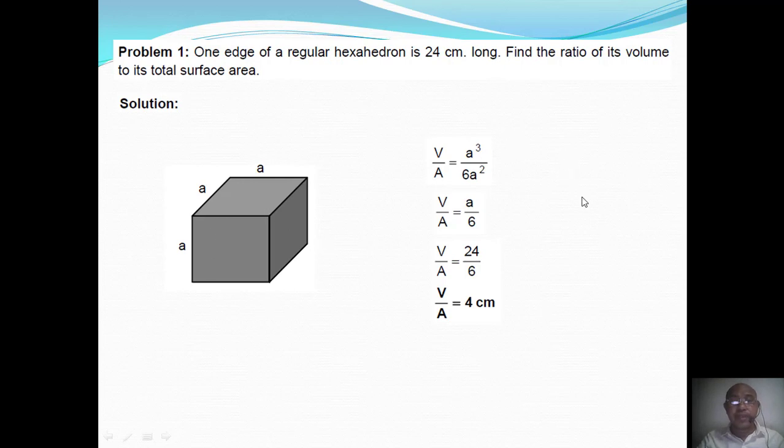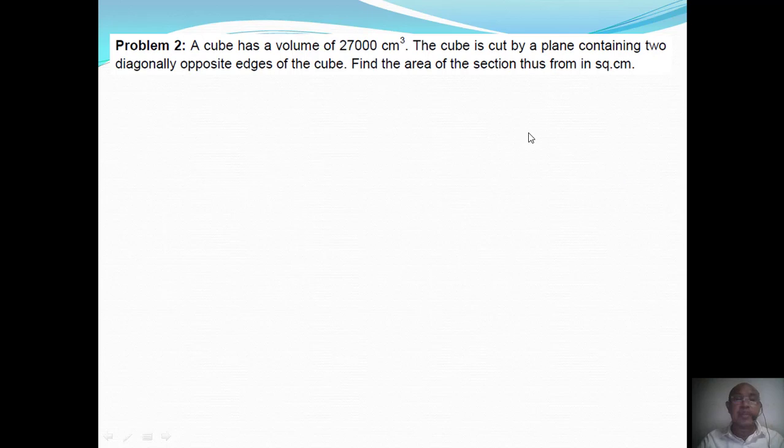Okay, so we have here a problem. A cube has a volume of 27,000 cubic centimeters. The cube is cut by a plane containing two diagonally opposite edges of the cube. Find the area of the section thus formed in square centimeters.